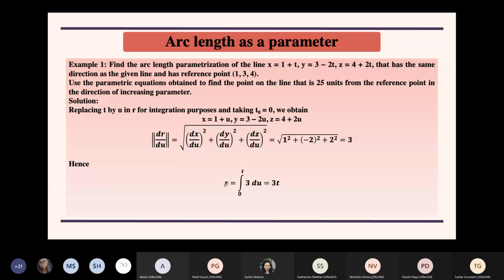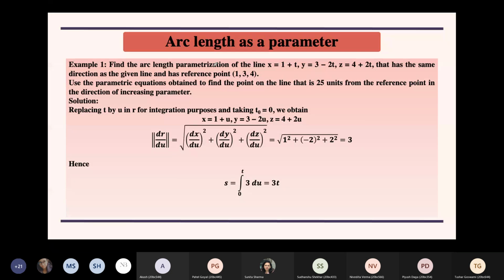What I have basically done here is taking the inverse of this function, and I will now replace t by s throughout. So I will get 1 plus s by 3, then 3 minus 2s by 3, and so on. That representation will be called the arc length parameterization of the line. So when I change my parameter from t to s, I get the arc length parameterization.